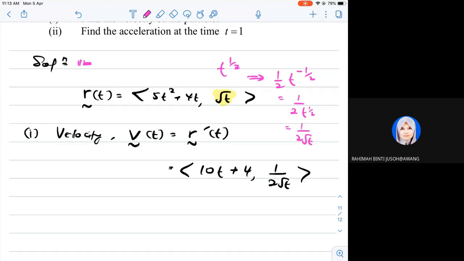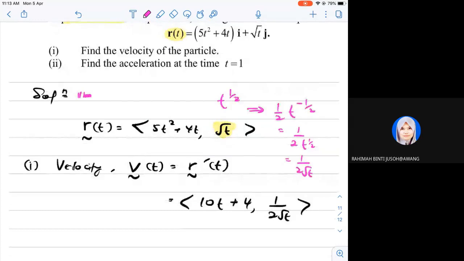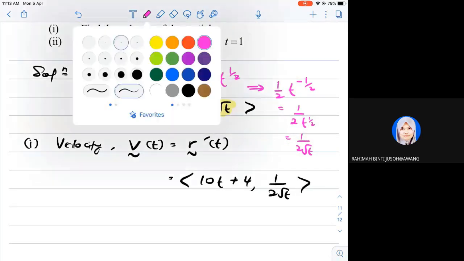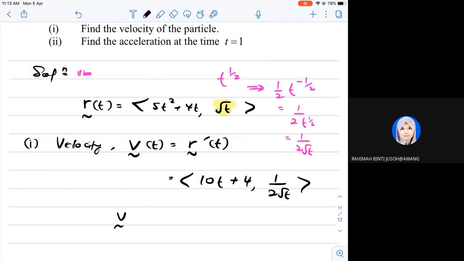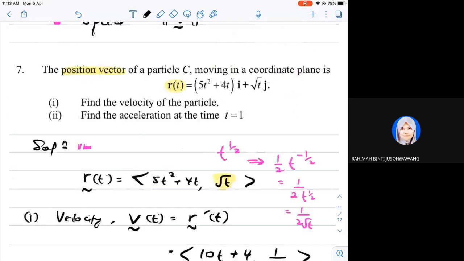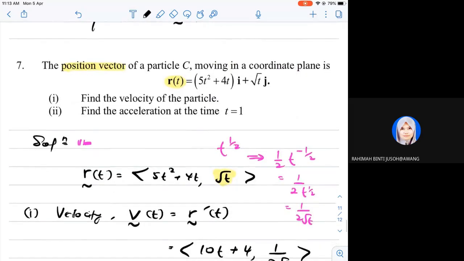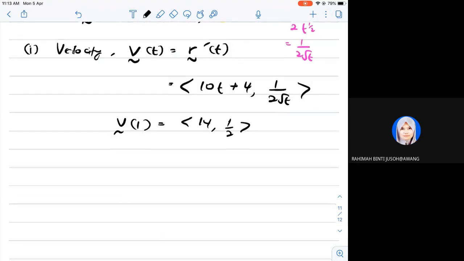Dah, siap dah. Okay. So kalau dia tanya at time T equals to 1, V1, we will have 10 darab 1 tambah 4, so should be 14, 1 over 2. Itu je lah. Tapi dalam kes ni tak tanya kan, dia tanya dekat acceleration. So jom kita jawab soalannya acceleration tu.